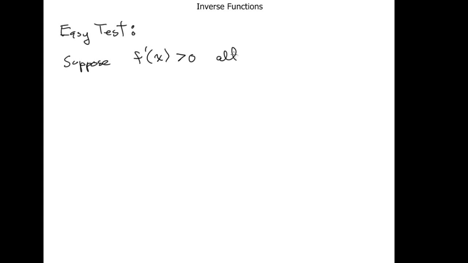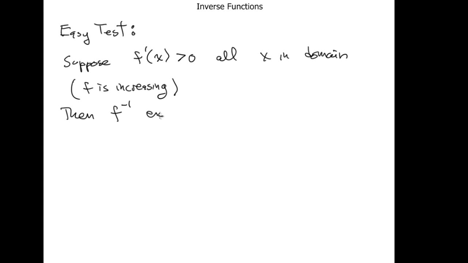Suppose the derivative of the function is positive for all x in the domain. Well, what does that mean? That means it's increasing. And if you just draw the picture, it's clear that an increasing function satisfies the horizontal line test. That is to say, f inverse exists. Well, first, the opposite holds too.